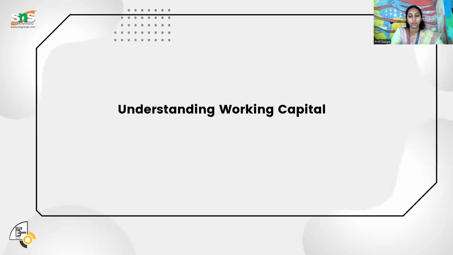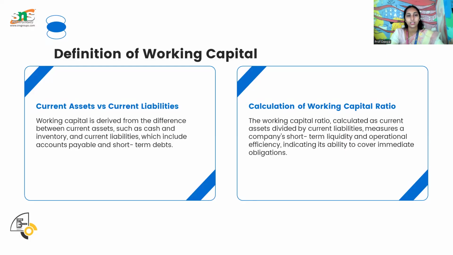So its definition, we need to know about current assets and current liabilities. So CA versus CL. See, the difference between current assets and current liabilities, that is working capital actually. What are current assets?